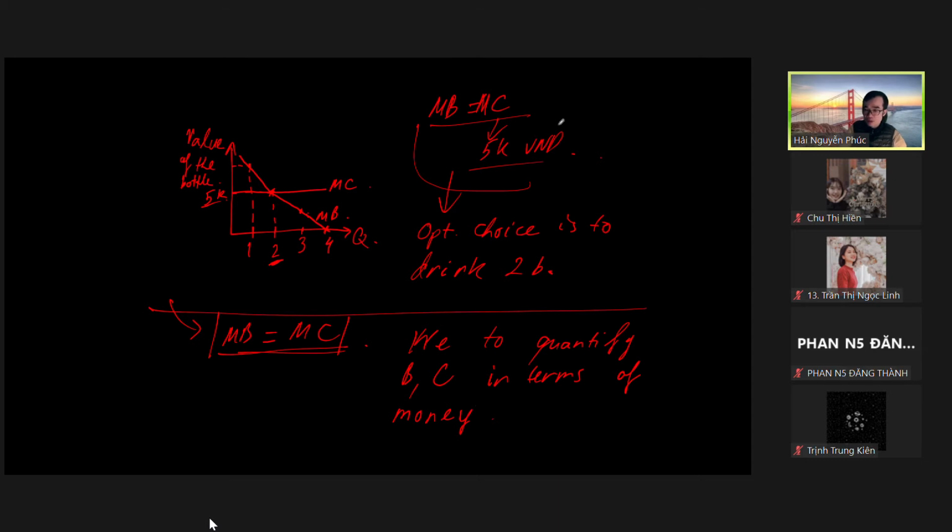For example, in the example of drinking water, we can easily quantify the cost in terms of money. It is $5,000. But it is much more difficult to quantify the benefit of drinking water in terms of money. Understand my point?